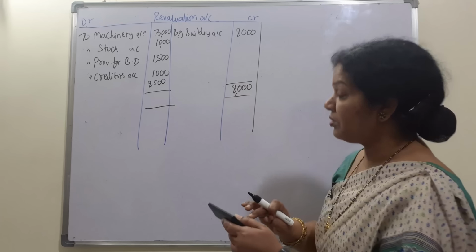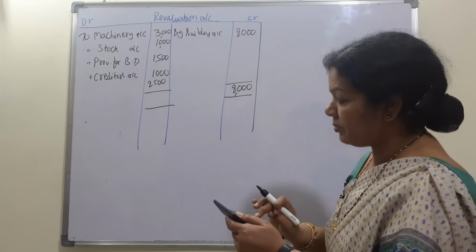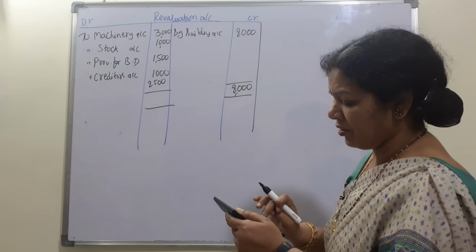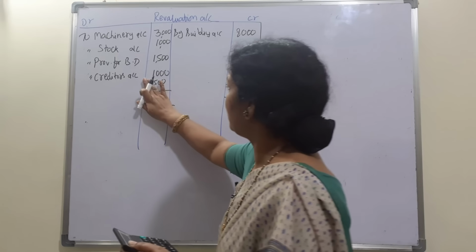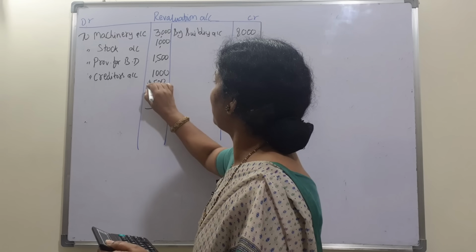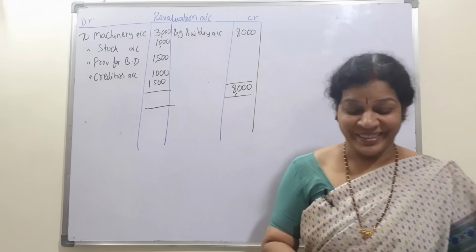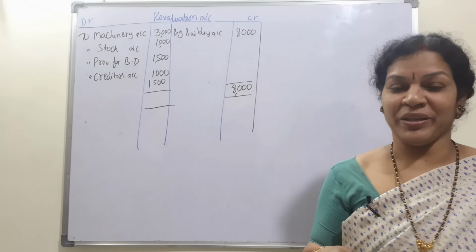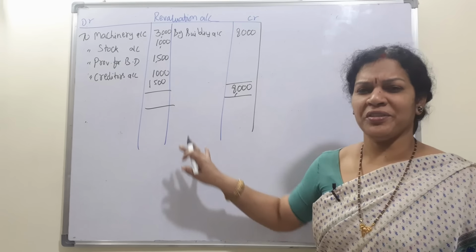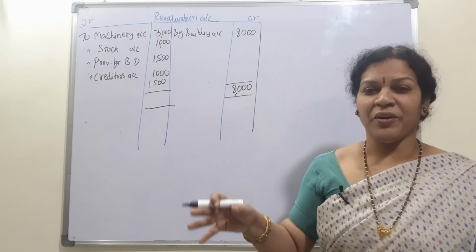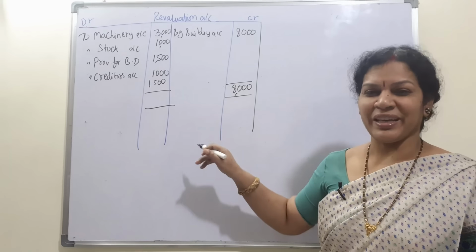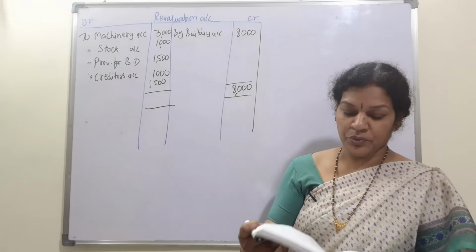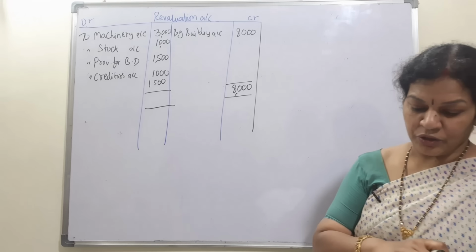Let me check it out. 8,000 minus 6,500 is 1,500, sorry. I don't like calculations, don't mind. When I used to teach in the classroom, students used to calculate. I used to just tell the pro forma and simple calculations. Okay, so 1,500 profit.